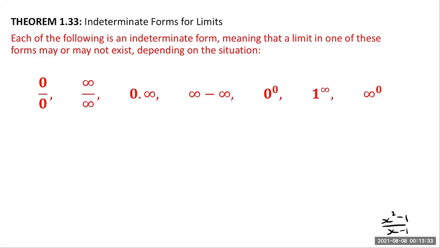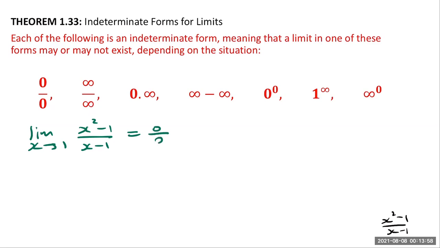Think about this. Suppose you want to calculate the limit as x approaches 1 of x squared minus 1 divided by x minus 1. So what is this limit? If you try to calculate this straight away by plugging 1 into your function, in the top you get 0, right?